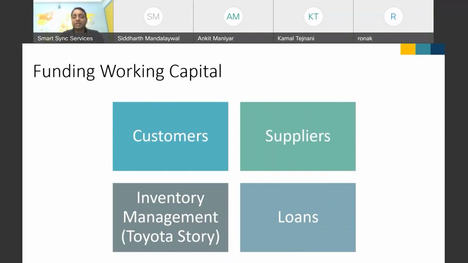Unless you are conservative in taking up loans for your business, you are setting yourself up for risk in unforeseen circumstances like COVID, where if your business activity goes down, you find it hard to make your loan payment on time, right? So that was all about funding the working capital.